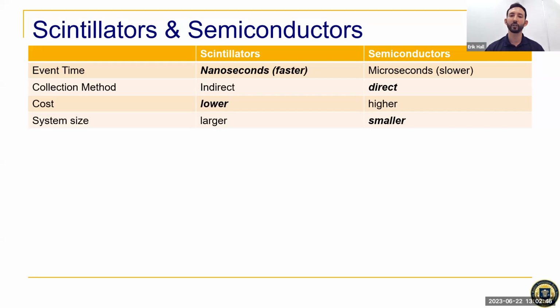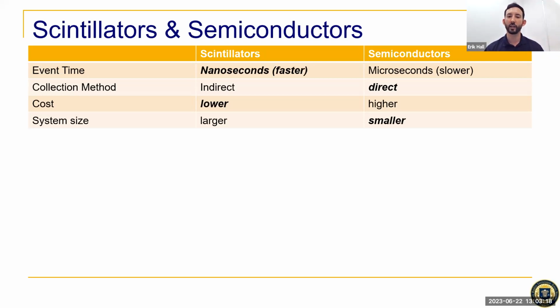The theoretical best resolution of scintillators is about 2 to 3%, whereas the theoretical best limit for a semiconductor is about 0.2% resolution. So it's much better there. As far as costs, this can vary very widely across all materials for both scintillators and semiconductors, but in general, scintillators typically have a lower cost for materials and production.